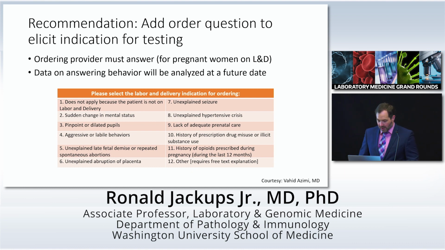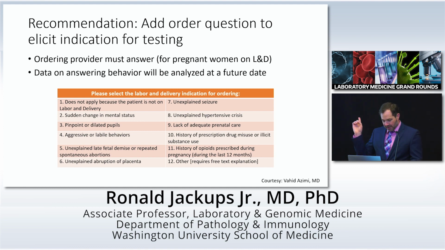We're not necessarily hoping that just putting this in there is going to change behavior. Maybe it will a little bit, but what it's really going to do is give us insight into how people are using these tests differently among our different populations, and perhaps then come up with a solution to reduce that gap in equity.